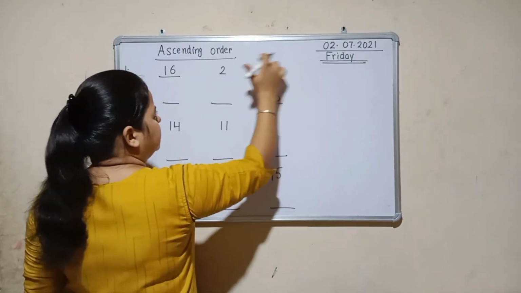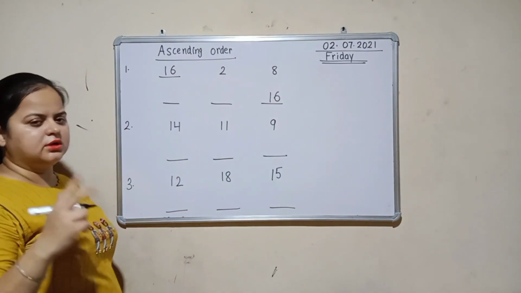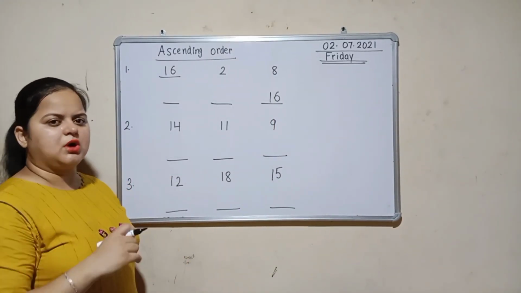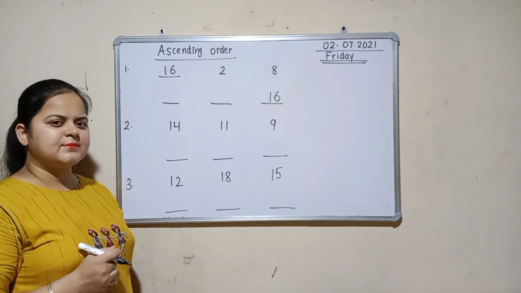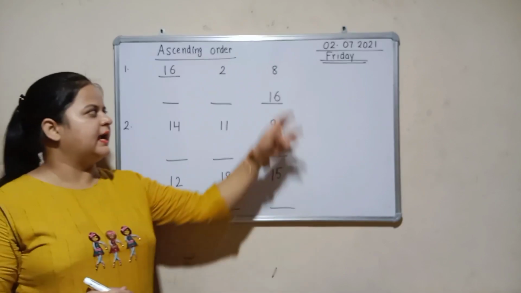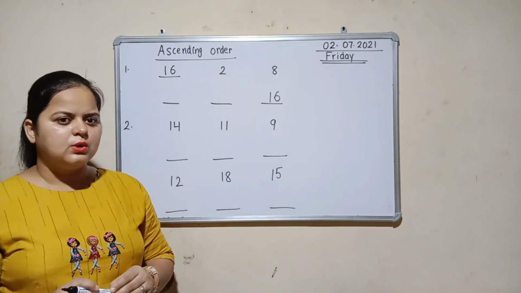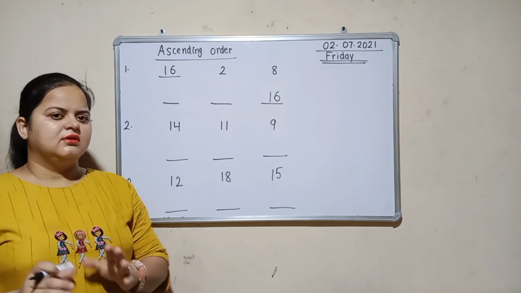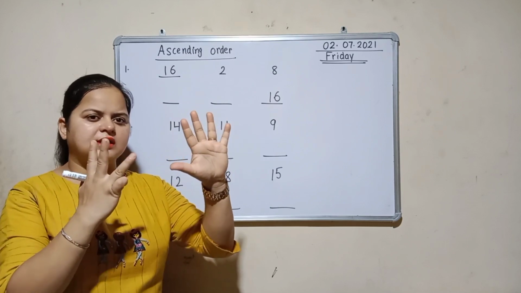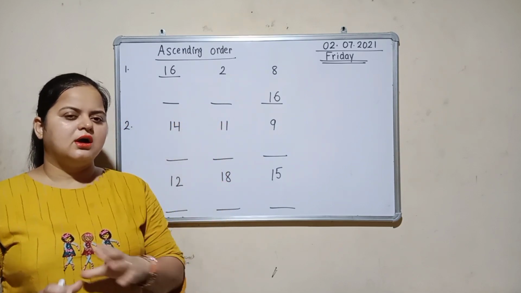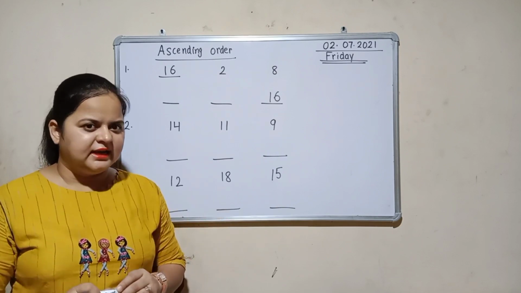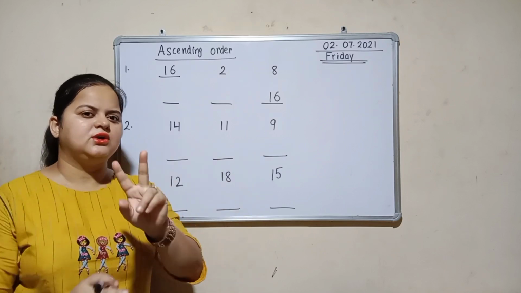Now we have only two numbers left, 2 and 8. Tell me which is smaller and which is greater from these two. 2 is smaller and 8 is greater. How? If one boy has 2 candies and another has 8 candies, who has more, 2 or 8? 8 candies are more than 2 candies.